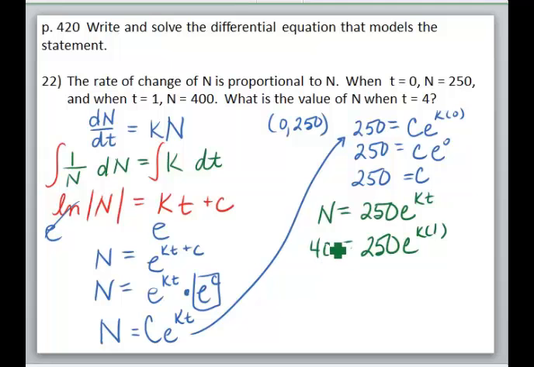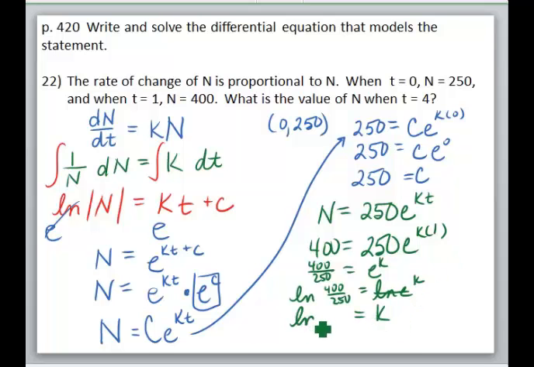So I'll put 400 in here. I'm going to have to write a little smaller, so I get 400 over 250 e to the k. Well, I have to ln those sides to get rid of the e part. So I get k is equal to the ln of 400 over 250. That reduces down to be 8/5.